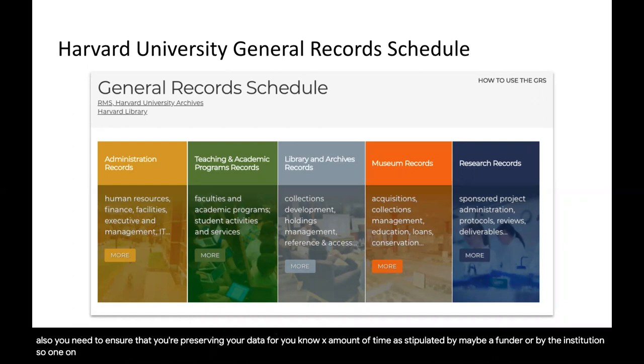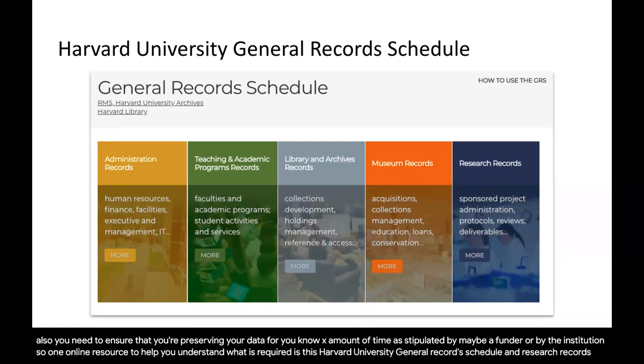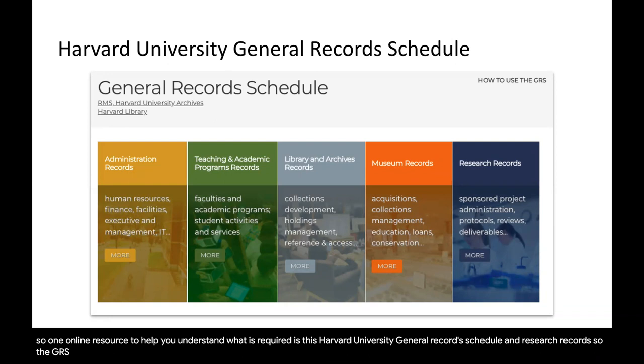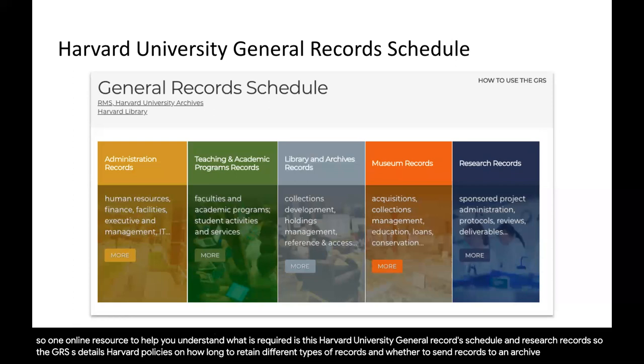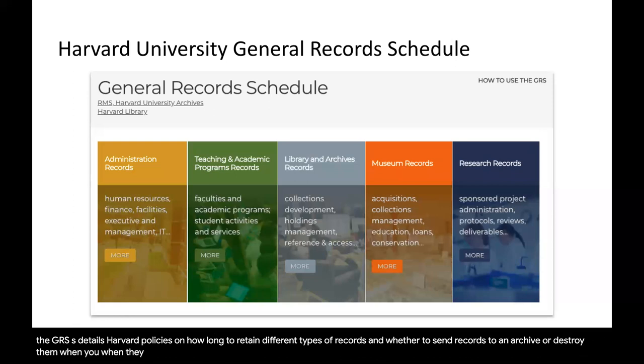So one online resource to help you understand what is required is this Harvard University General Records Schedule and Research Records. So the GRS details Harvard policies on how long to retain different types of records and whether to send records to an archive or destroy them when they are no longer required.